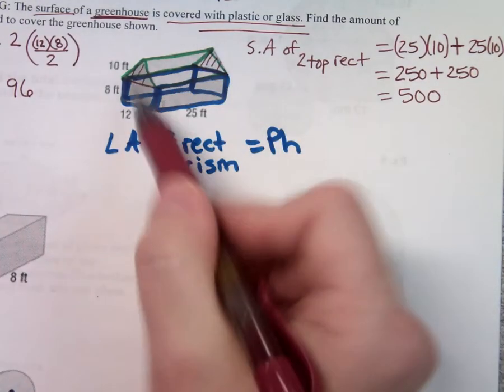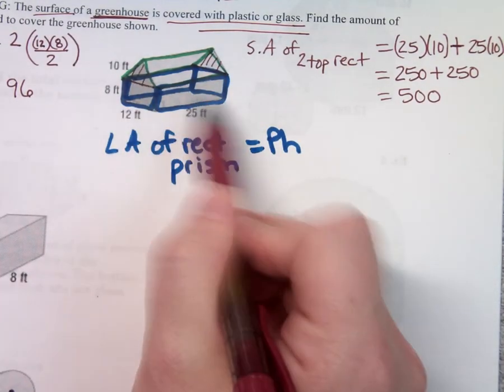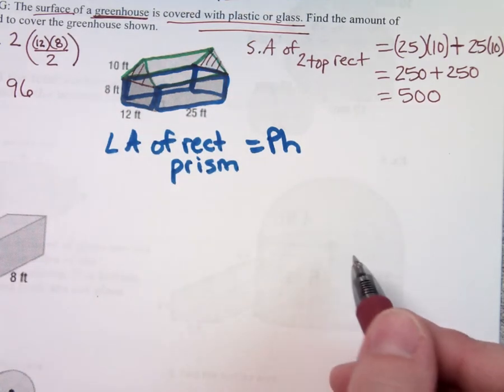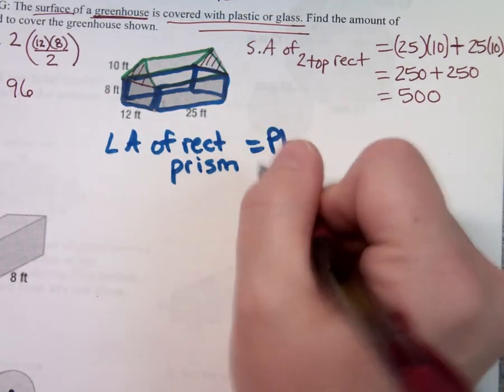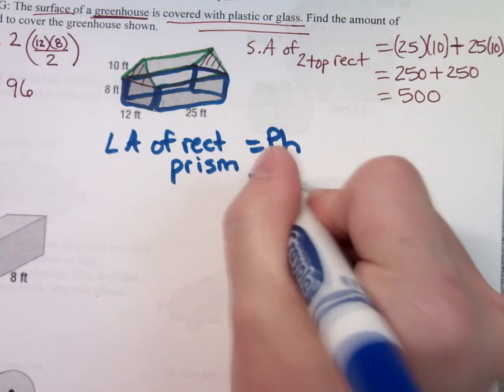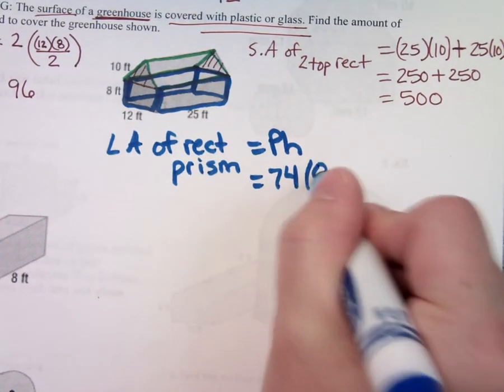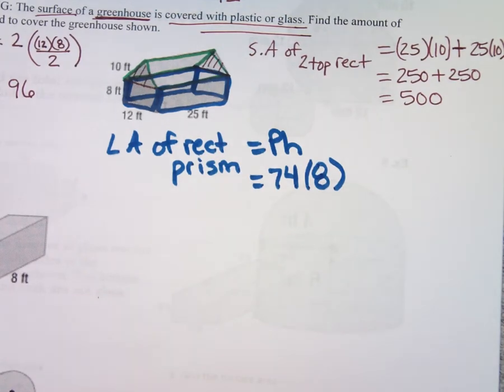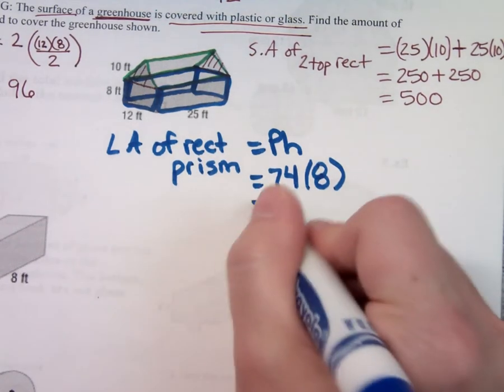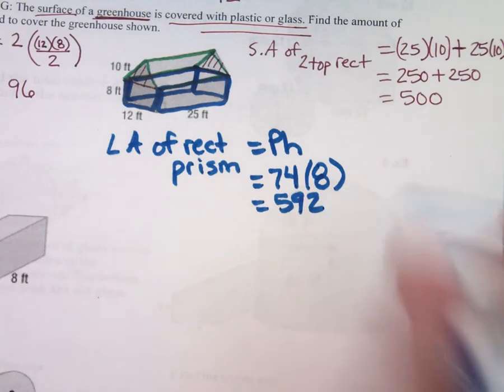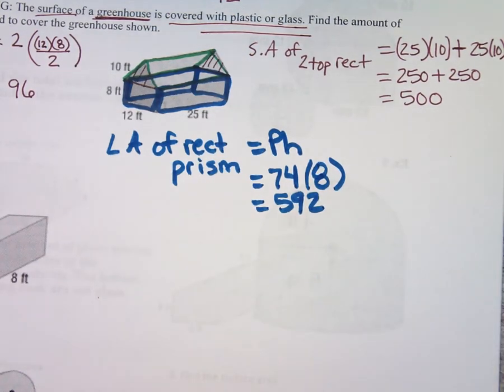25, 25, 12, 12. And what do you get if you add those? 74. So that's capital P. And then how tall does that prism stand? 8. And if you take 74 times 8? 592. Okay, so now what am I going to do with all my answers?